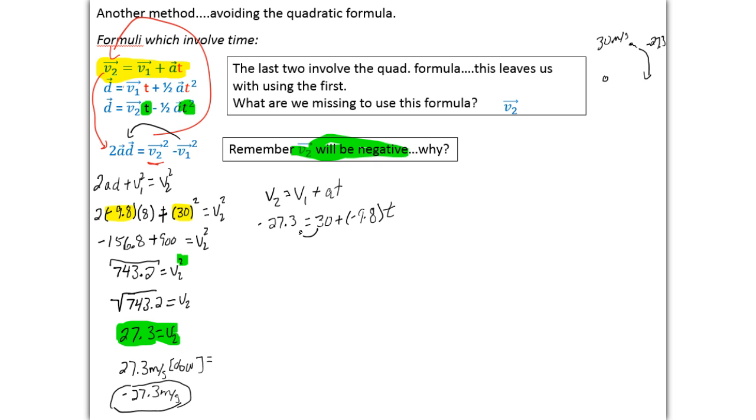Bring the 30 over. Negative 27.3 subtract 30 equals negative 9.8 t. That's going to be negative 57.3 divided by negative 9.8. Now to solve for t, you divide both sides by negative 9.8.